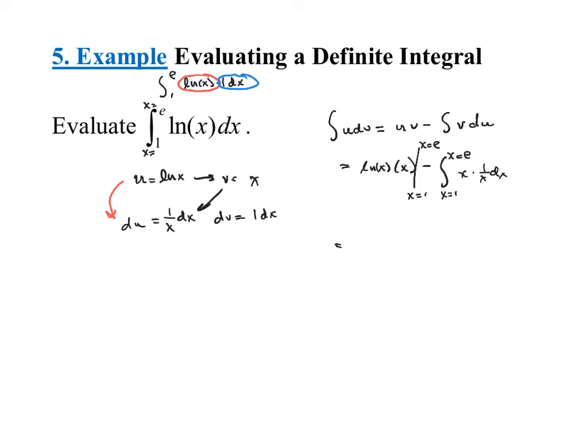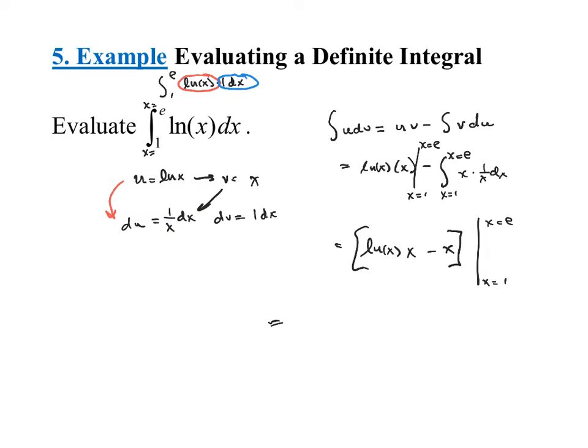Okay, so let's look at this. We'd have the natural log of x times x minus, well, x times 1 over x is simply 1, and the integral of 1 is simply x. And then we would usually have the plus c, except here we don't have the plus c because we're evaluating that entire thing at our limits, which is x equals 1 and x equals e.